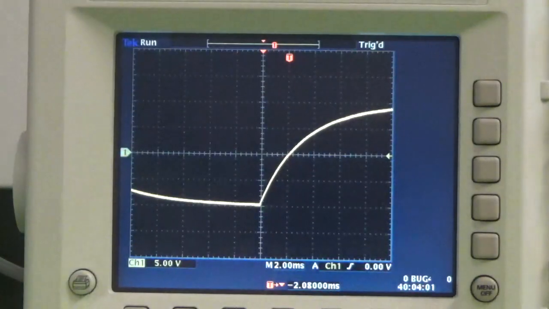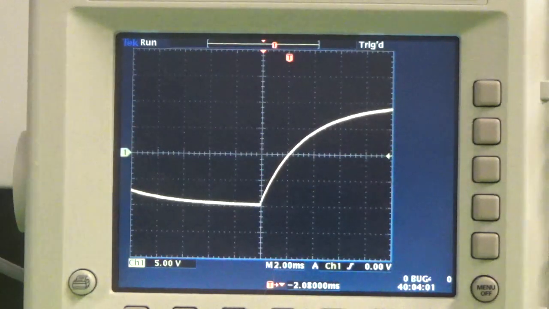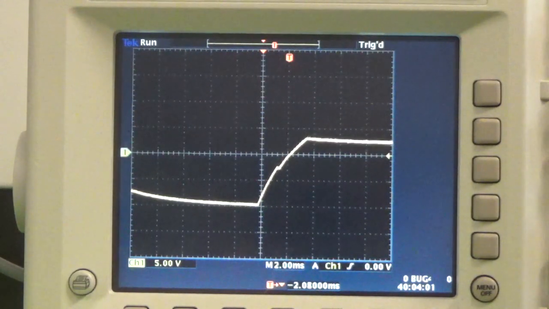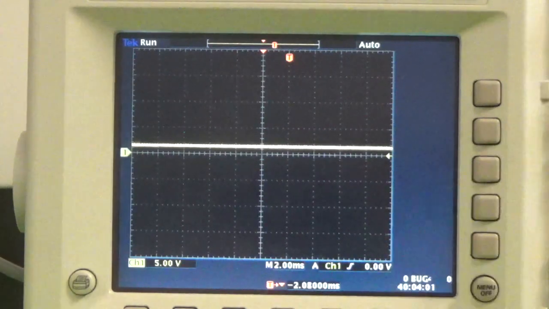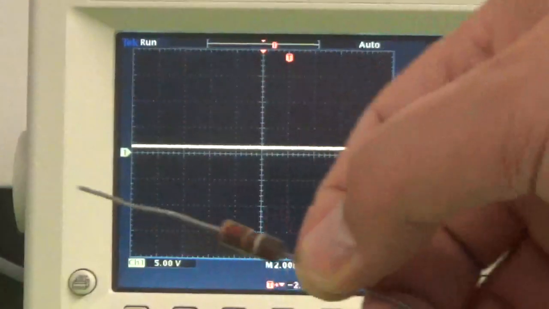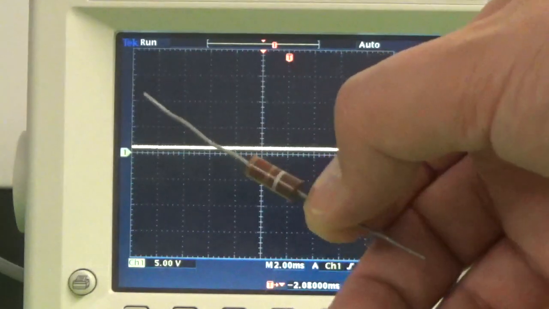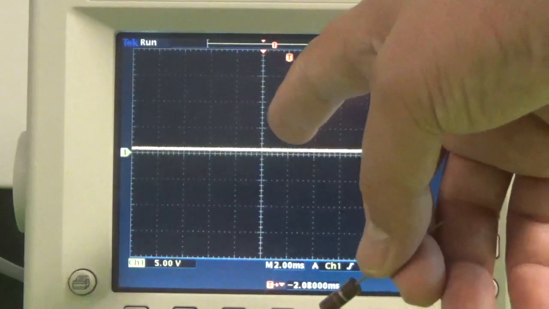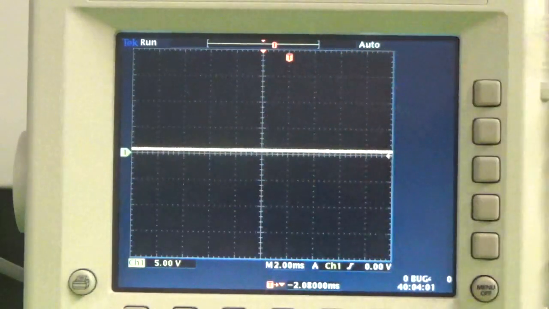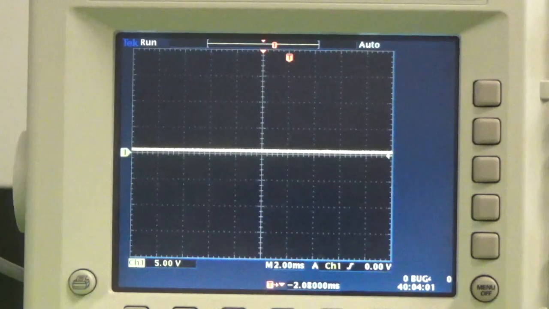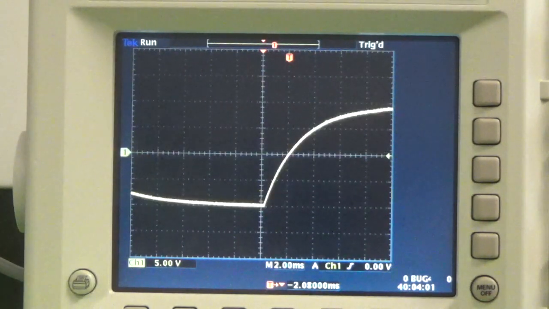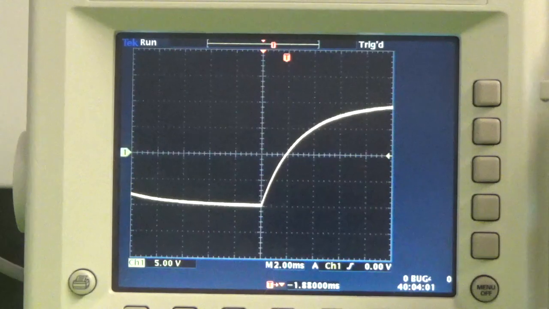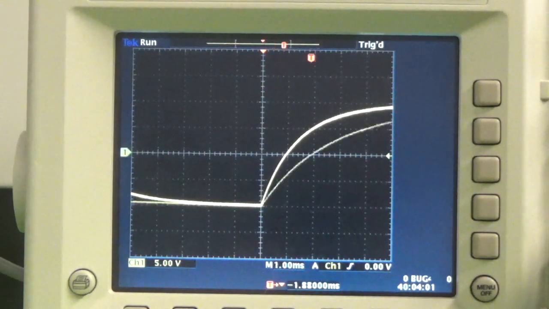Now what I will do, guys, is remove the 150 ohms resistance and replace it with 118 ohms resistance, and see what will happen to t half. Okay, so we'll try to adjust this a little bit. Maybe we can increase this.